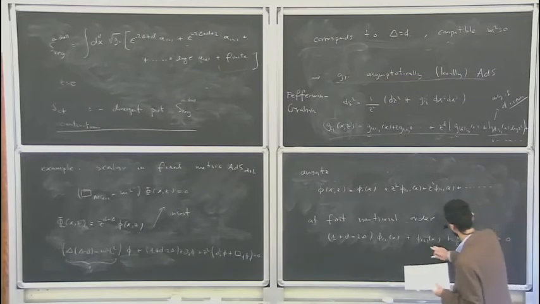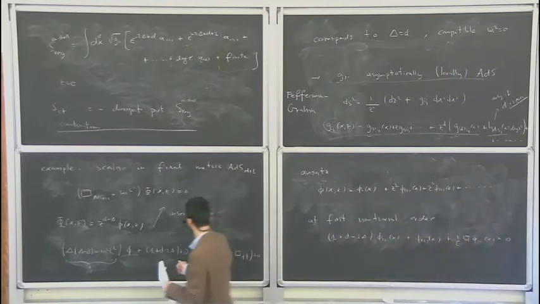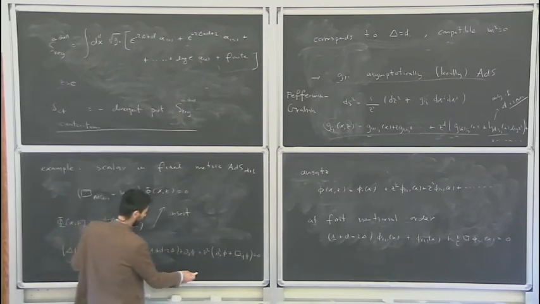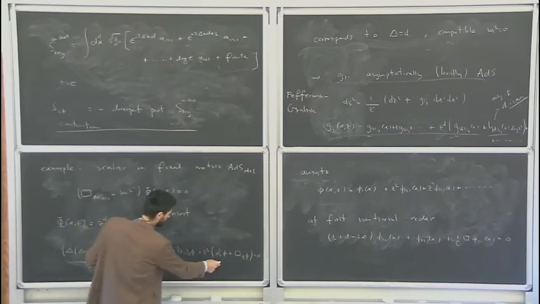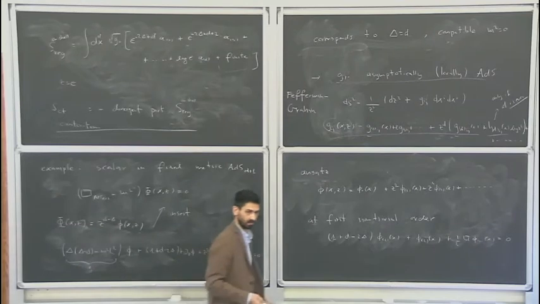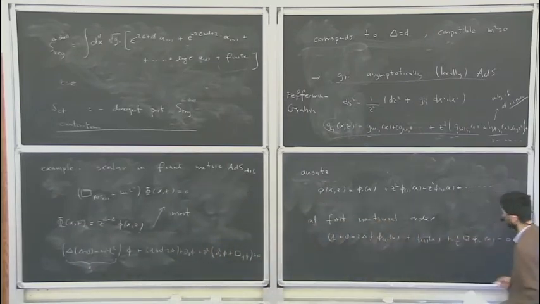So the reason why it's written in this way in my notes is because one term comes from this term, the second term comes from this, and then you have the box part, which is this one.